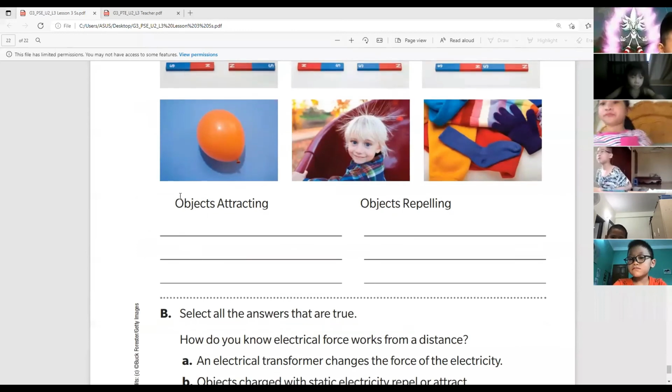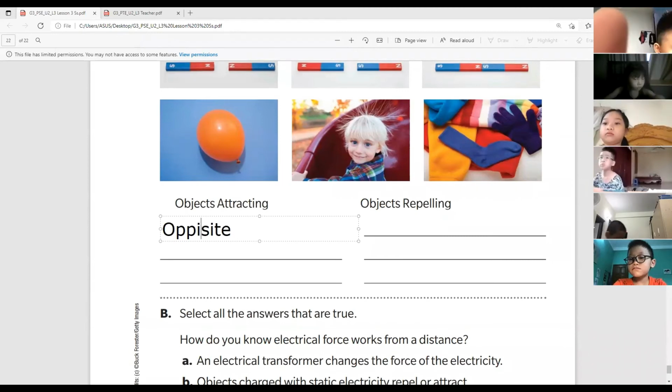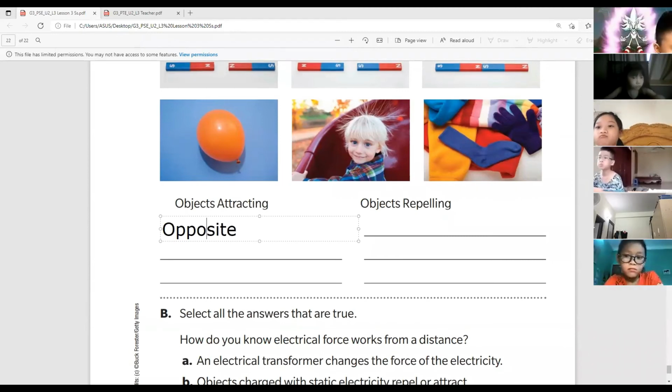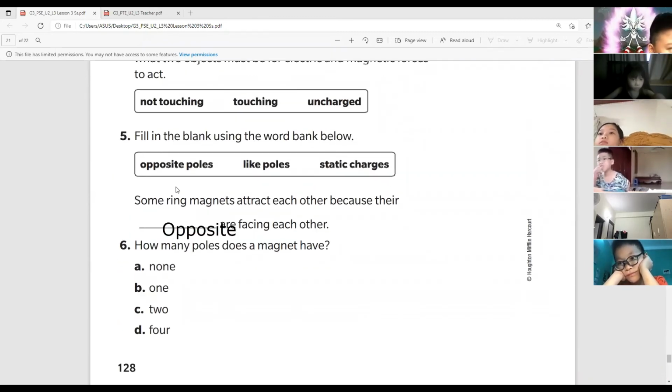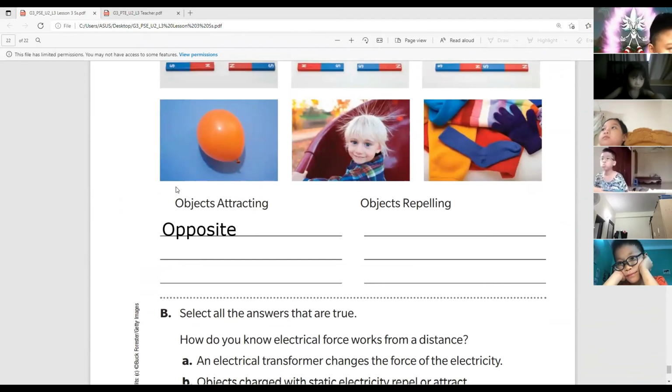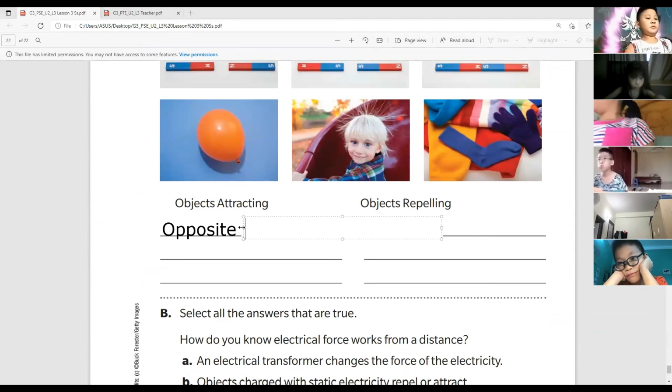Okay, so we got opposite poles. And to add, let me make sure I spelled this right. Yeah, we did. So opposite poles. What else did you write?